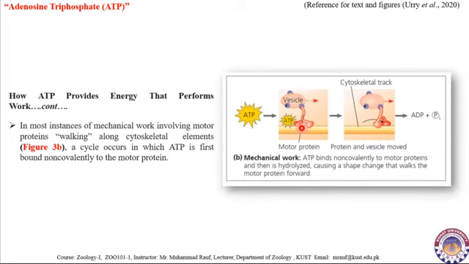So this is a motor protein, this is the cytoskeletal element, and this motor protein is holding a vesicle which is destined towards some other organelle or towards the cell membrane, and this motor protein walks along the track laid by the cytoskeletal elements, and this process is catalyzed by the ATP molecule. So this is the intracellular transport, mechanical work.